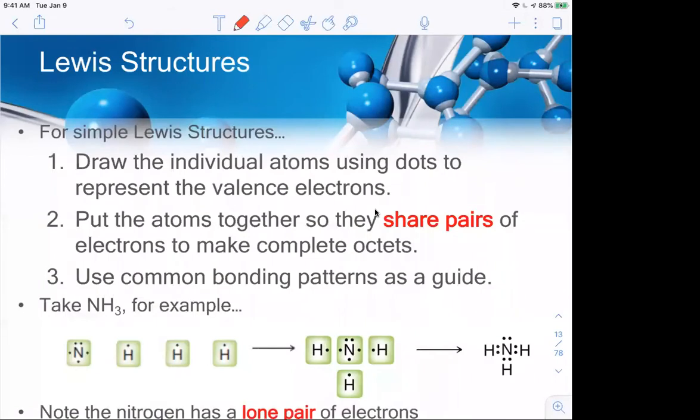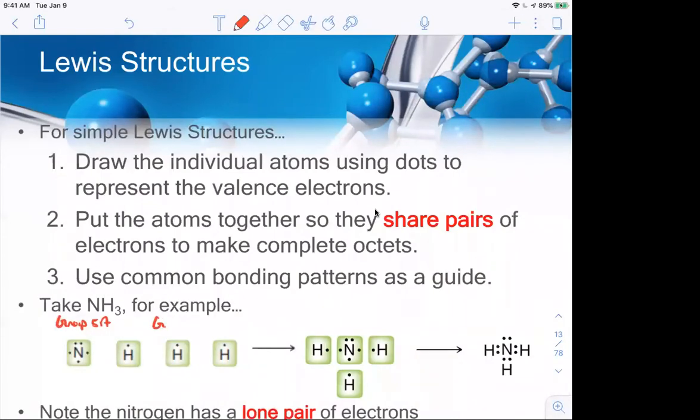You're going to draw the individual atoms using dots to represent the valence electrons. And then you're simply going to put the atoms together so they share pairs of electrons to make complete octets. For example, if I look at nitrogen, I have 5 valence electrons because this is in group 5A.